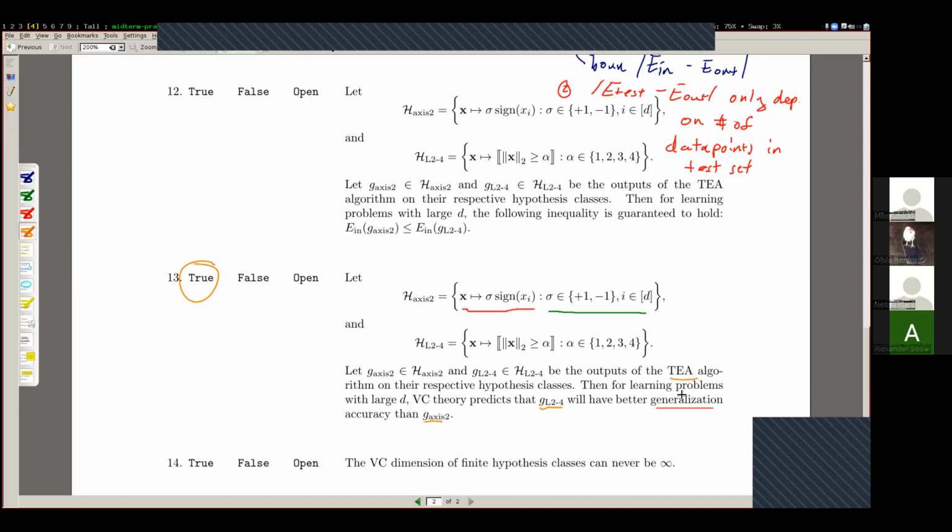The important thing about the ERM algorithm is that, first of all, it only works for finite hypothesis classes, but it will compute the empirical risk minimizer. So for a finite hypothesis class, we can exactly compute g equals the arg min over h in capital H of E sub n of h.